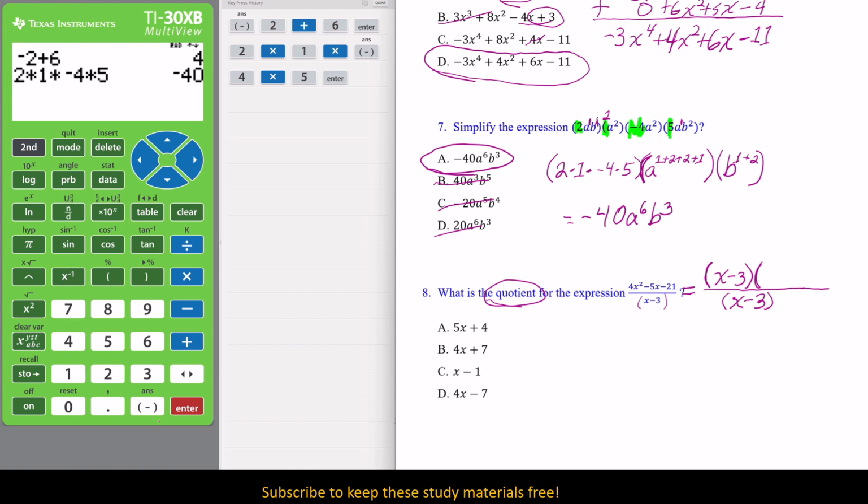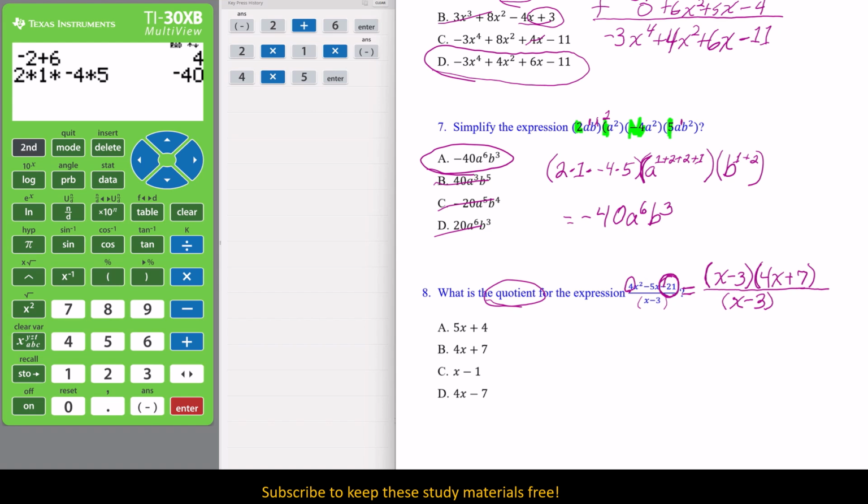And then we look at our numerator and I see a 4. Well, there is a 1 in front of this x, so we'd have to have a 4x. We don't have a choice. Then we look at the ending constant. Well, -3 times +7 equals -21.